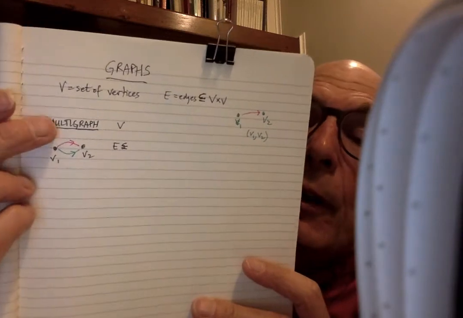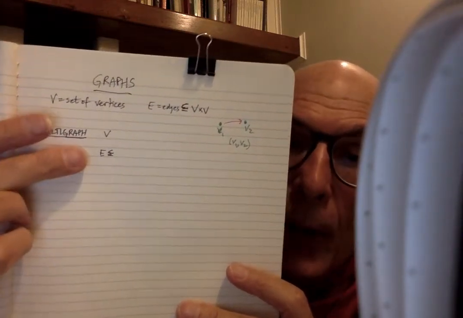So there's a simple way to handle this, which is that in a multigraph, the edges have a structure to them. In this case, I'm not sure how well the colors come through, but the upper one is pink and the bottom one is green. You can color the edges, and that makes them different. So what we can do is say that the edges are a subset of V cross L, and I'm going to say L is the labels.